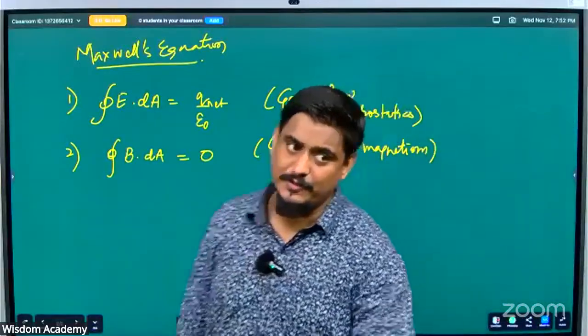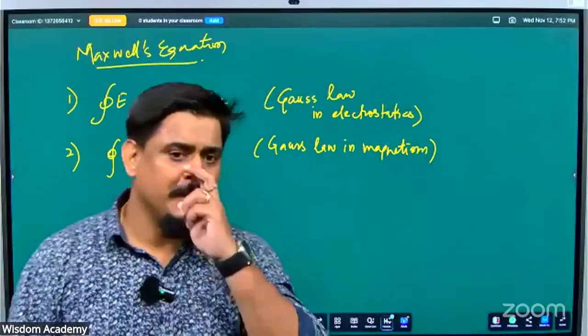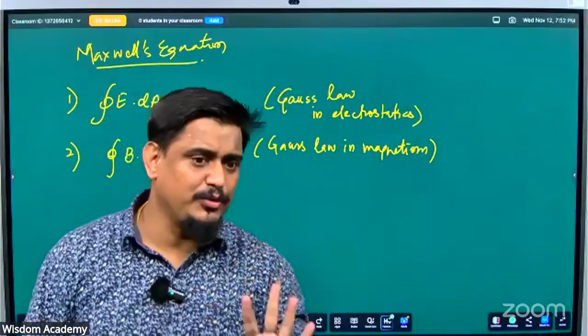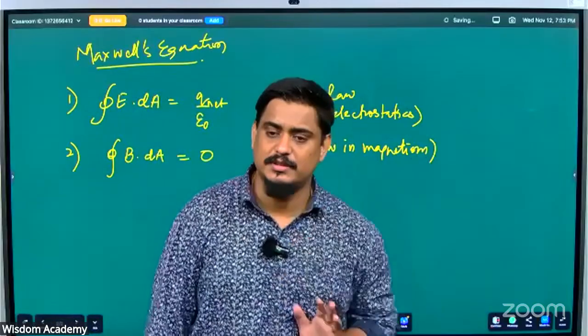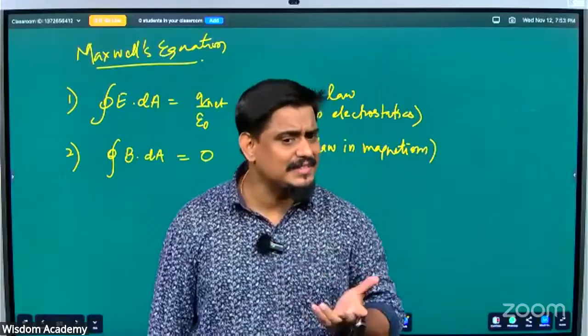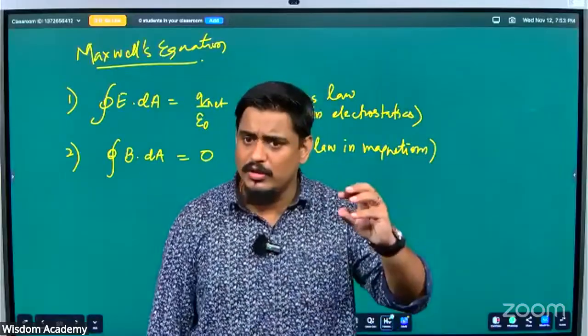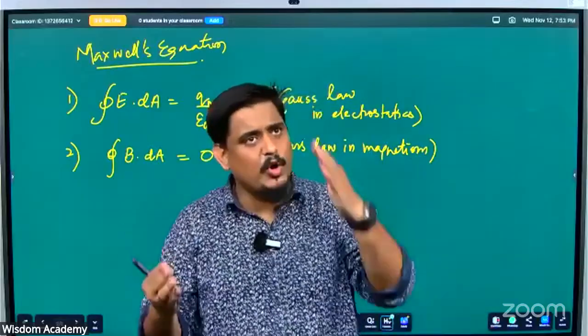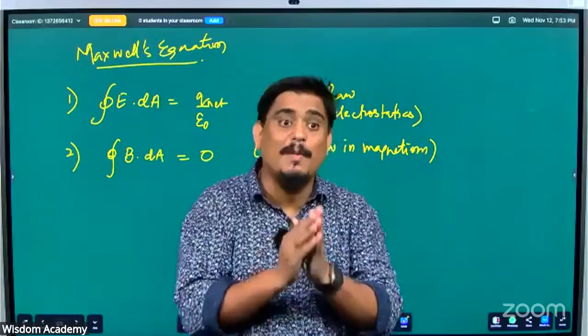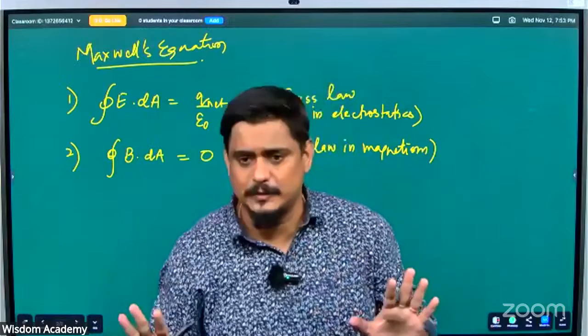Now, what is the meaning of this? Please pay attention. It means that I have taught in the 5th chapter to you that magnets always exist as dipoles. Can magnetic monopole exist? Can you have a North Pole or only South Pole? Never. You will always have North Pole, South Pole together. So magnetic monopoles never exist. Right?